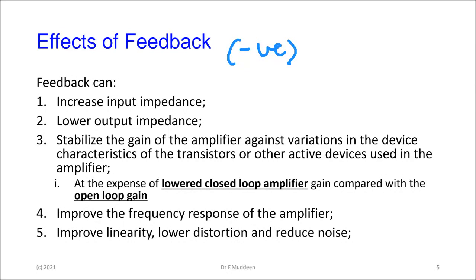Feedback tends to increase the input impedance, and we'll mention that when we look at the configurations of the amplifiers. Remember, it's always good to have a high input impedance. The higher the input impedance is, the less current you're going to take from your source.